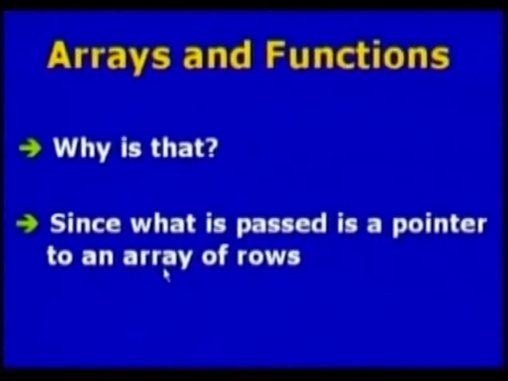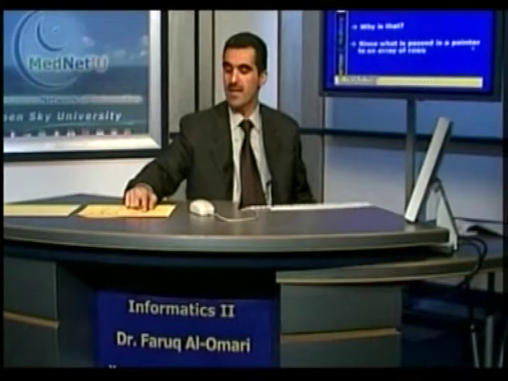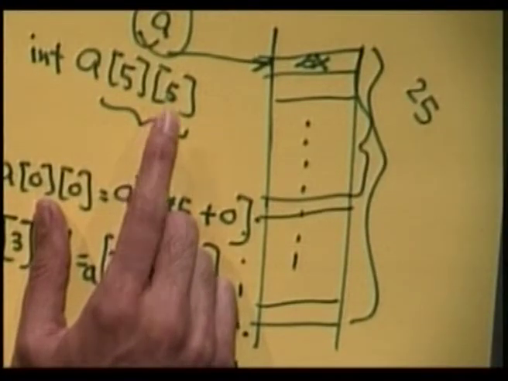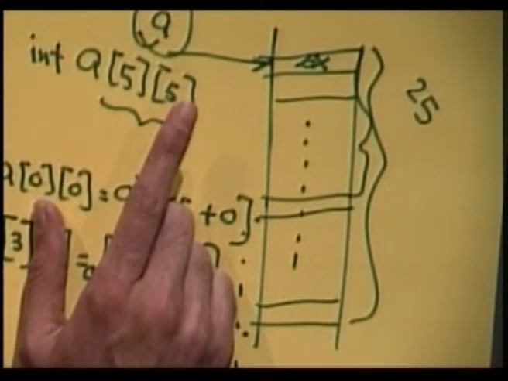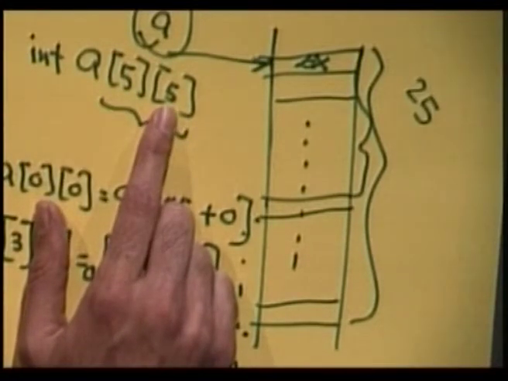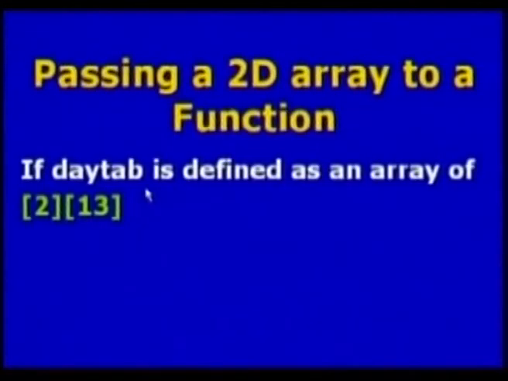Why is that? Since what is passed is a pointer to an array of rows. When I say something like A of 5 and 5, I'm actually defining 5 pointers, each of which points to a block of 5 integers. That's physically what it is when we define that in C. So let's say daytab is a two-dimensional array already defined to be an array of 2 rows, 13 columns in each row.